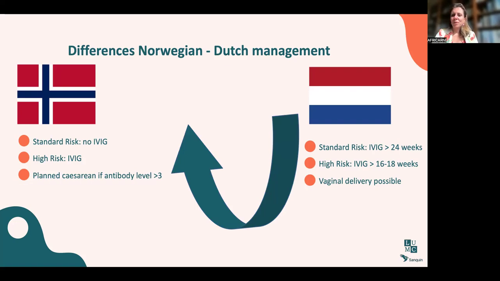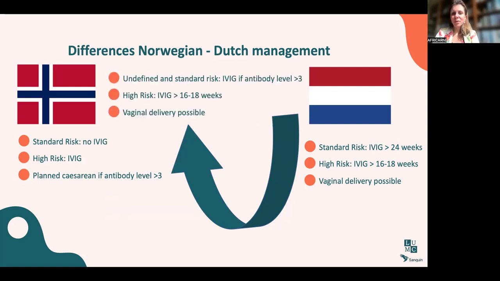We give patients with low platelets IVIG. We give patients with high risk IVIG. But on the other hand, if they are getting IVIG, we believe, and we also saw in previous studies, that vaginal delivery is safe. On the other hand, we also have been thinking for our patients that we might overtreat if we look into the data of the Norwegian colleagues.